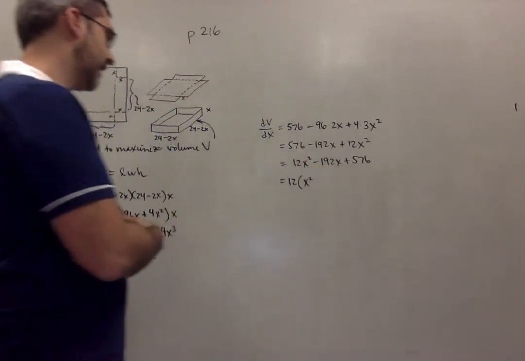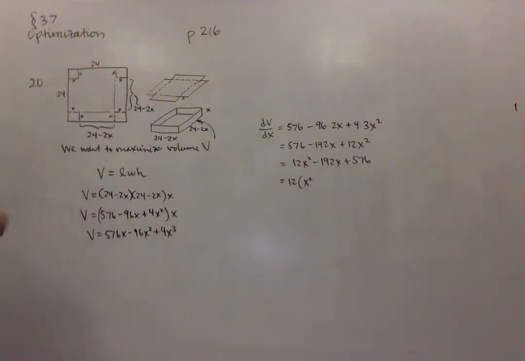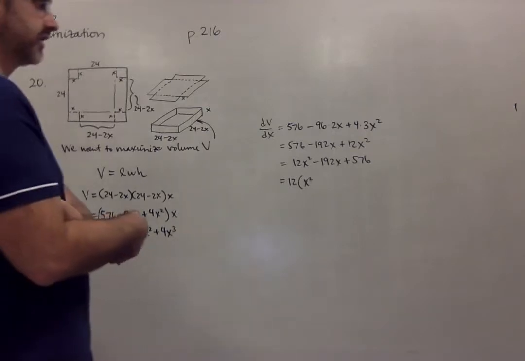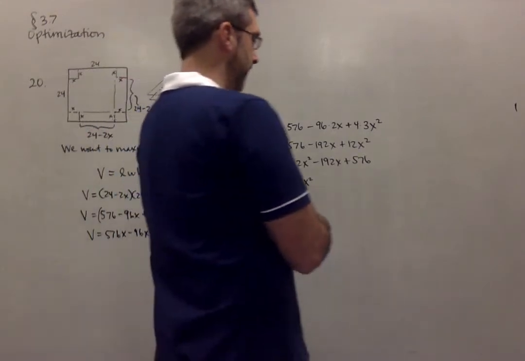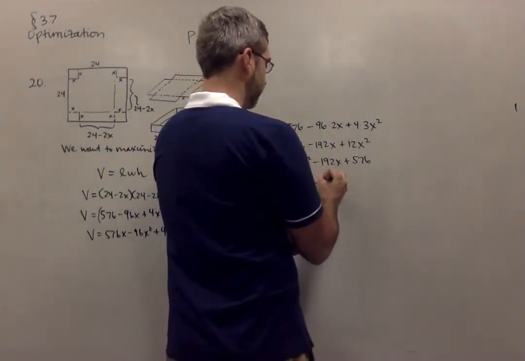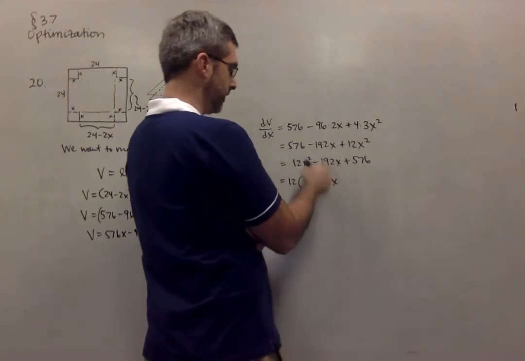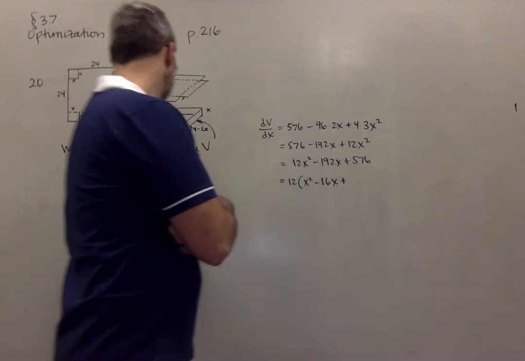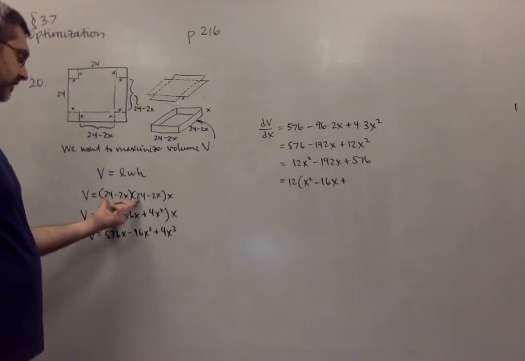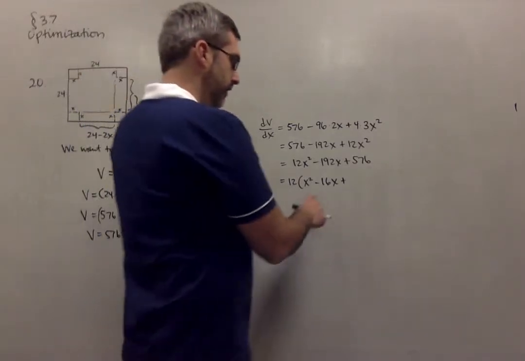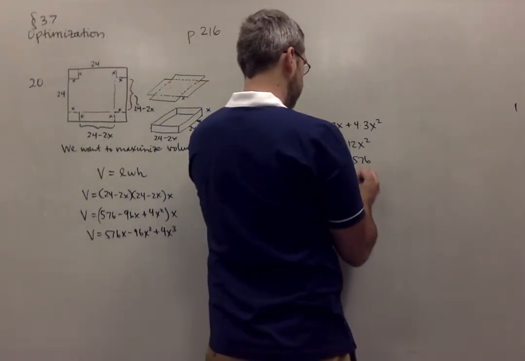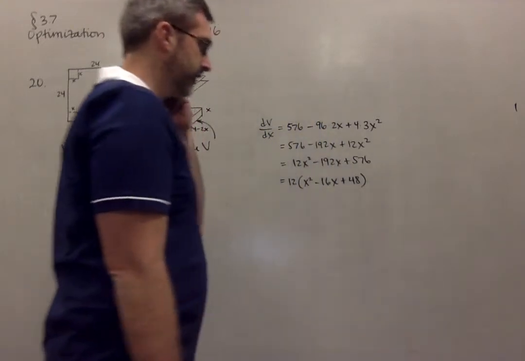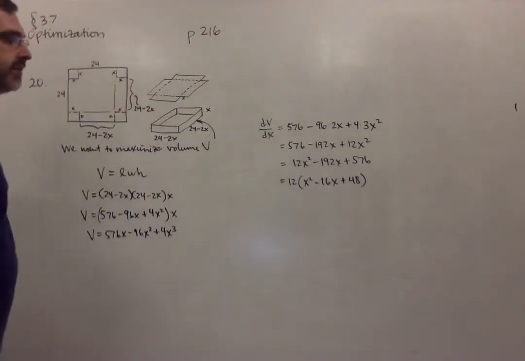If I divide 96, well, 96 is 12 times 8, so 192 is, we've got a 16x here, if I pull 12 out, plus, we got 576 by taking 24 times 24, so if I took 12 times 48, that would give me this number as well. So got x squared minus 16x plus 48.